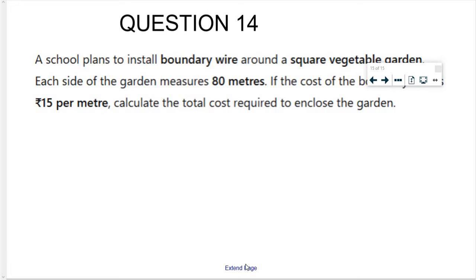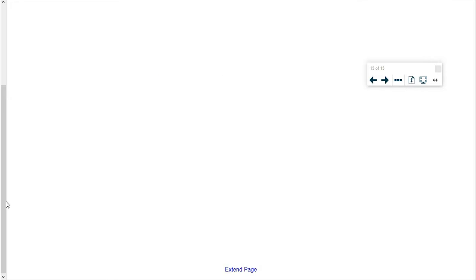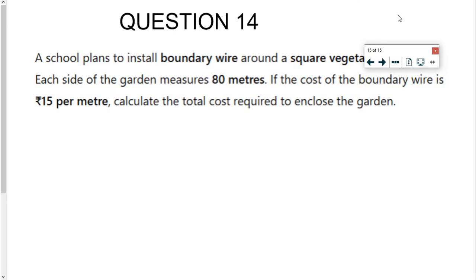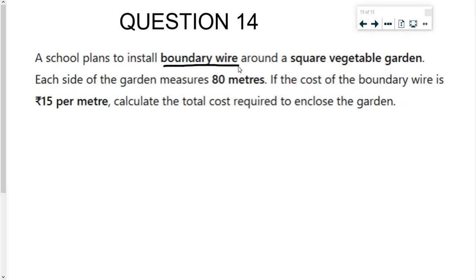Last question. A school plans to install boundary wire around a square vegetable garden. Each side of the garden measures 80 meters.